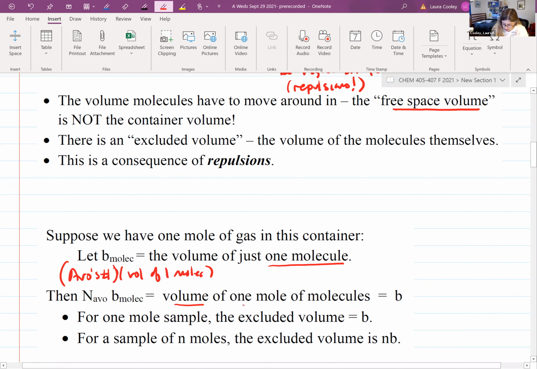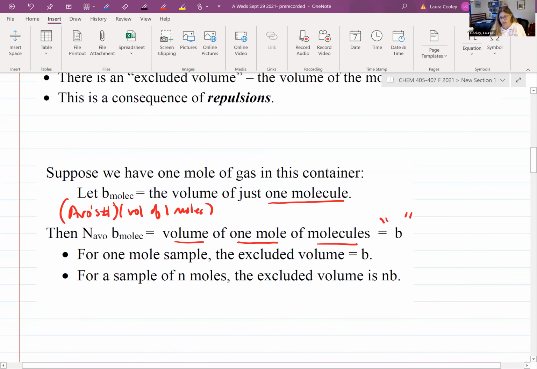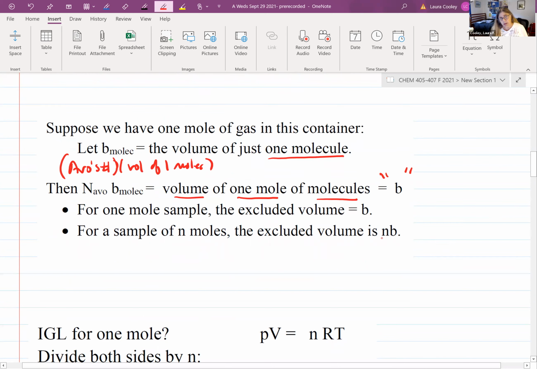This gives you the volume of 1 mole of molecules, the molecules themselves, and we call that B. So that's going to be one of our van der Waals parameters, B. For a 1 mole sample, this B is the excluded volume. If you have n moles, you'd have to multiply that by n. And so you'd have nB being the excluded volume, right? That's what this is here.